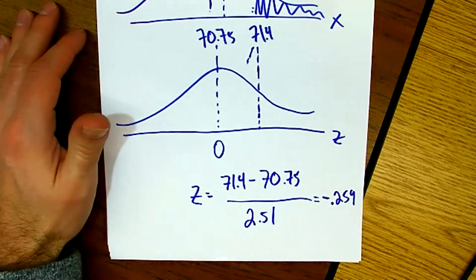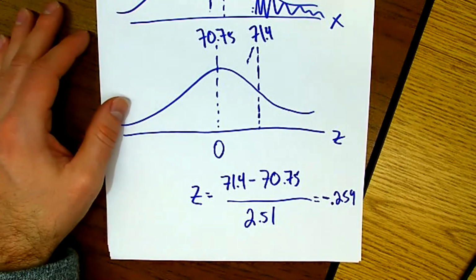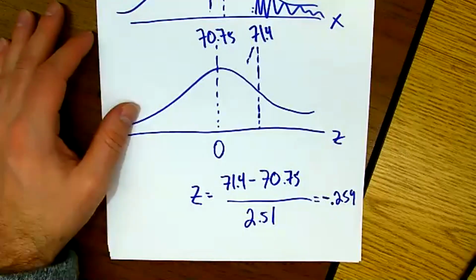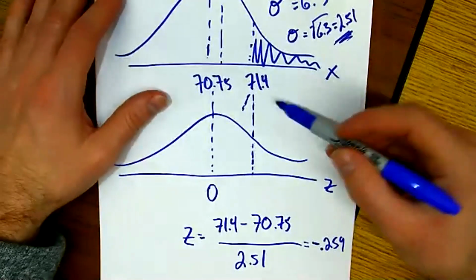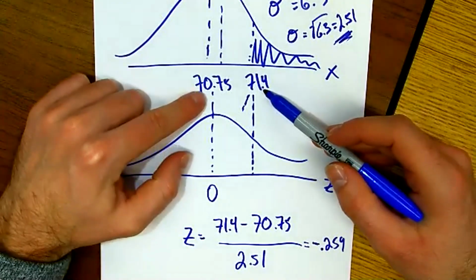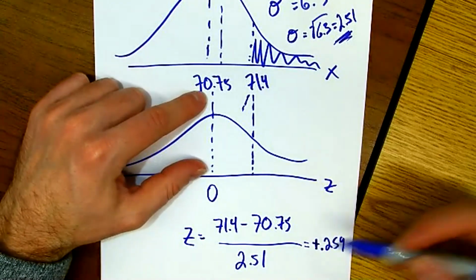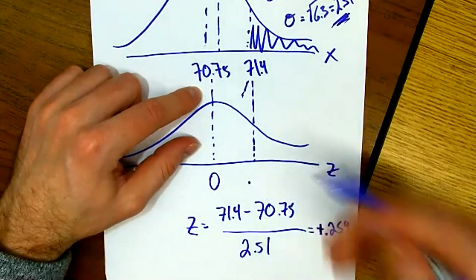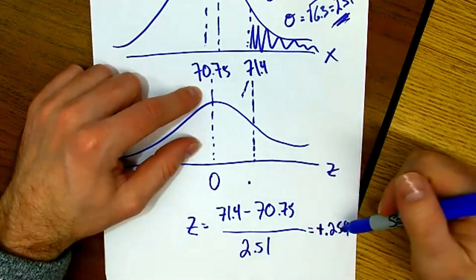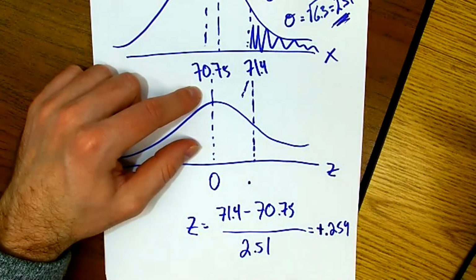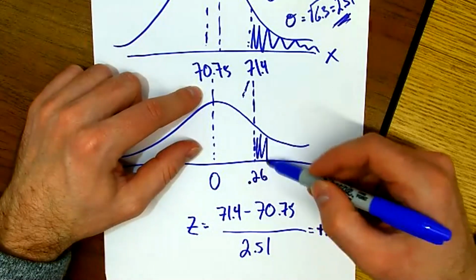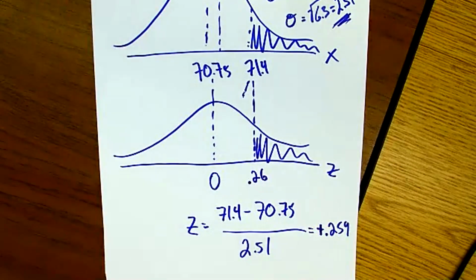Let's double check the slides, but I think that's what it is. Yeah. Oh, not negative. What am I doing? Of course it can't be negative. Why could it not be negative? I had a value that was above the mean, right? So I had positive 0.259, which is going to present a problem because once we go to the tables, we can't use that 0.259. We have to keep to the second decimal. So I'm just going to round this and use that z-score of 0.26, okay?